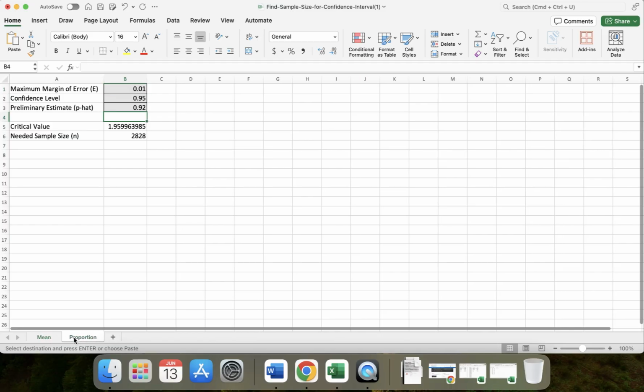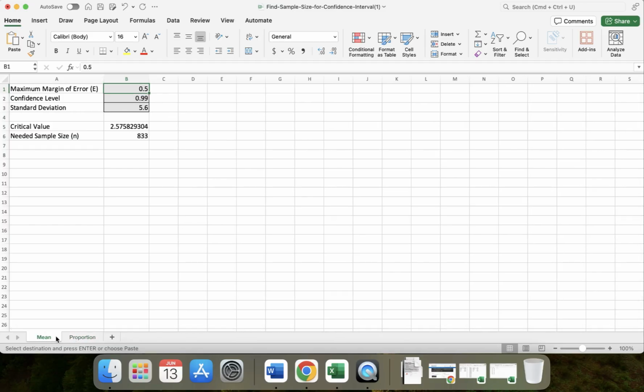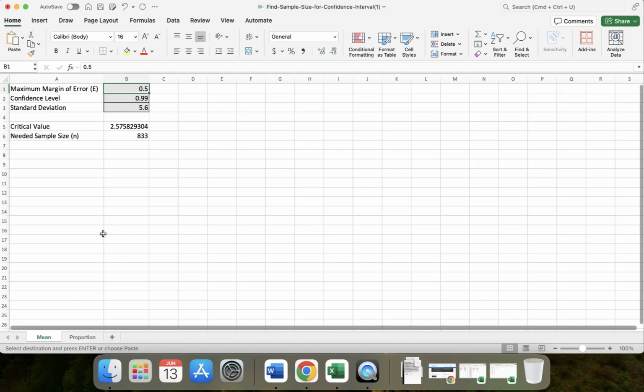So we're in the find the sample size for confidence interval sheet, this one, and make sure you're changing the sheet at the bottom. Super important step down towards the bottom there. Make sure you're on mean, and we have 3 different things to fill in. Oh, and I'm on the wrong one.